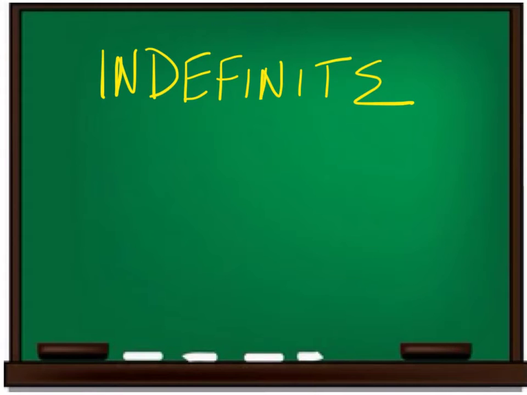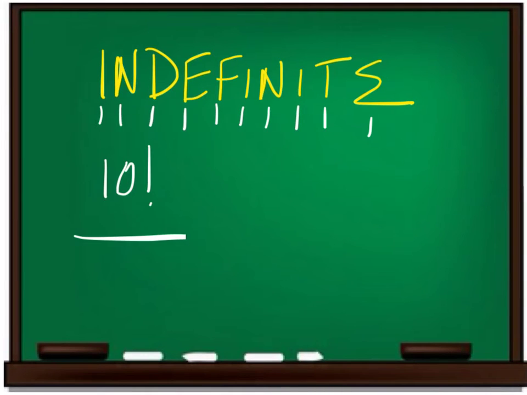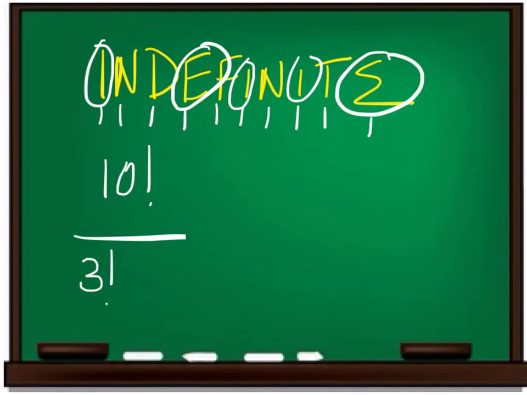On this problem, we have 1, 2, 3, 4, 5, 6, 7, 8, 9, 10 different letters. We have 1, 2, 3 I's, 3 factorial on the bottom. And then we have 2 E's. Anything else that repeats? 2 N's, yes.